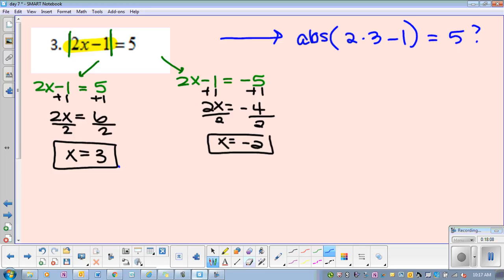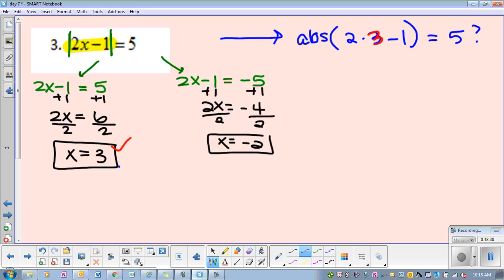Does it equal 5? Because I'm just plugging in the 3. Yeah, it works. Perfect. Did it work for everyone? Good.